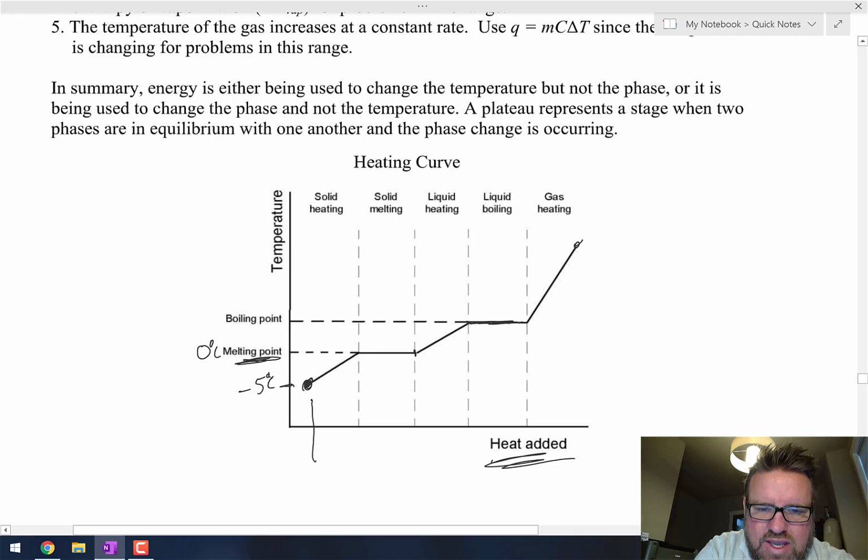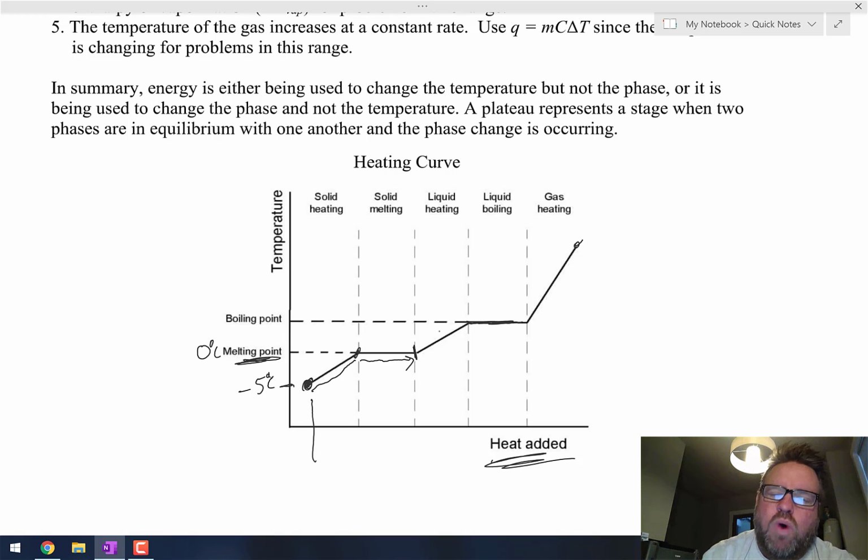To get to this point right here, we're going to add heat, add heat, add heat, and as we do that, the temperature of the ice goes up until we reach 0 degrees. At that point, we keep adding more heat, but notice that the temperature doesn't change. The temperature changes once all of that ice has turned to liquid.